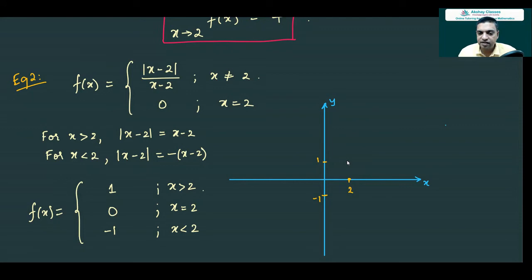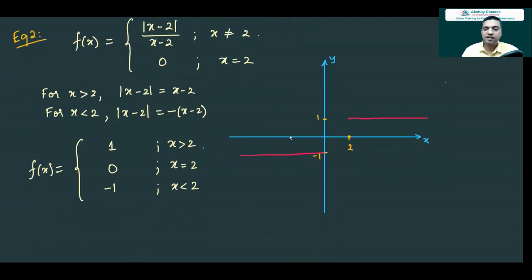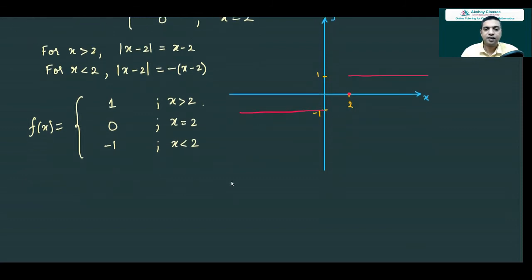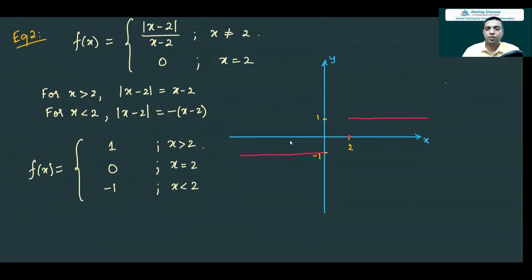When x is greater than 2, the function value is constant equal to 1. When x is less than 2, the function value is minus 1. Now at x equal to 2, the function value is 0. For all values of x less than 2, the function value is minus 1.